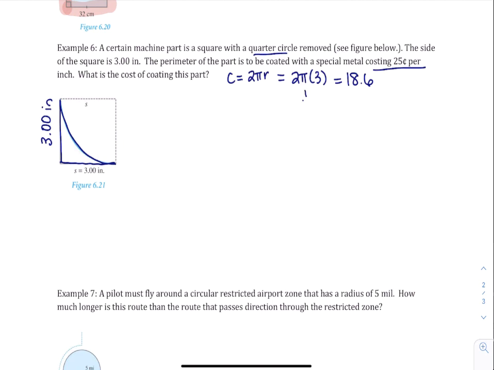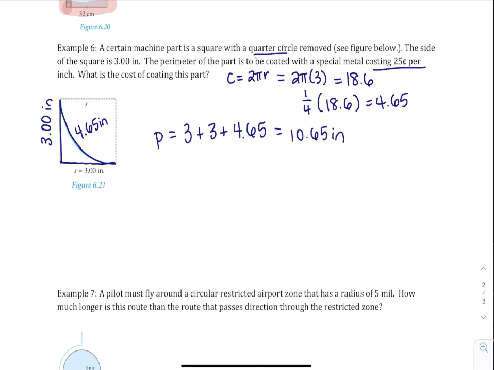But we're only looking at a quarter circle. So we want 1/4 of that, or you could divide 18.6 by 4, it's the same thing. And so this little curved section is 4.65 inches long. So the perimeter is the side 3, the other side 3, and the quarter circle part. We get a total of 10.65 inches.